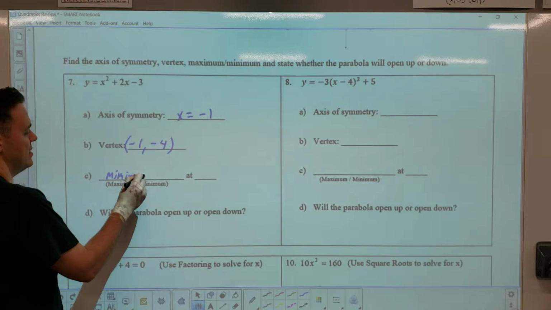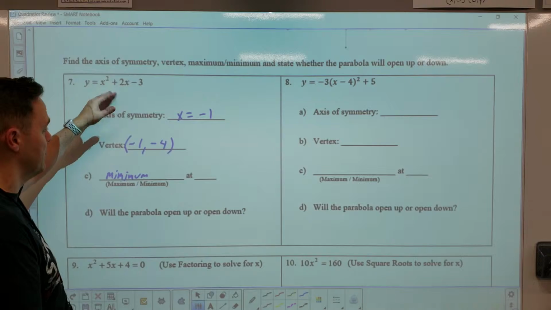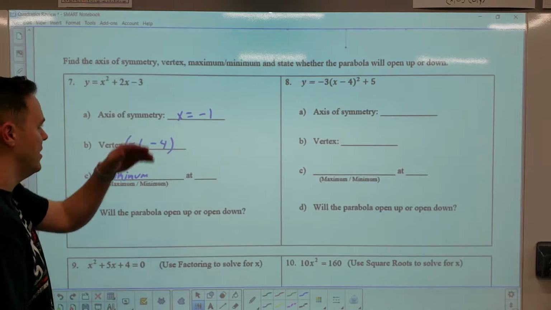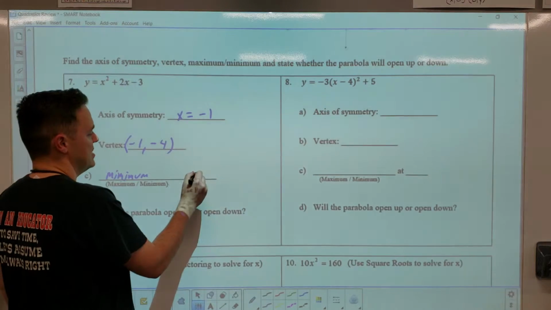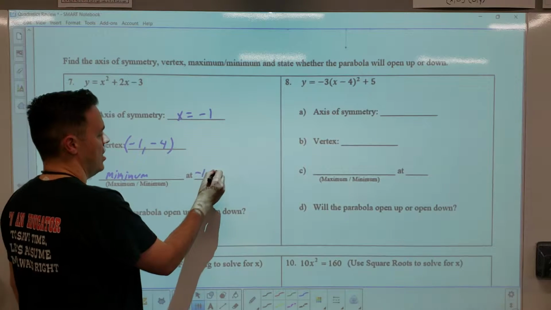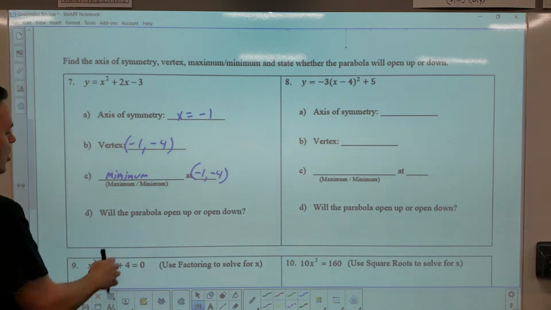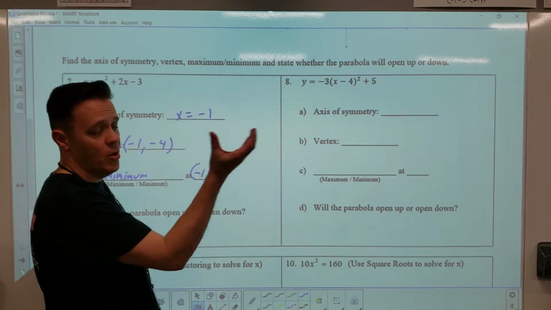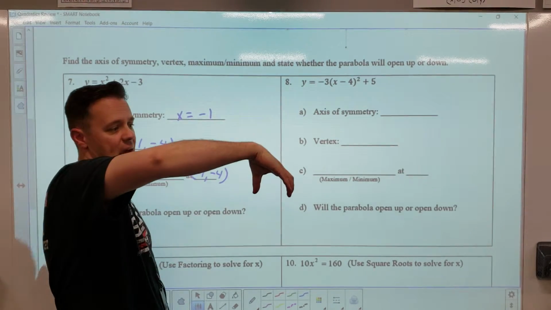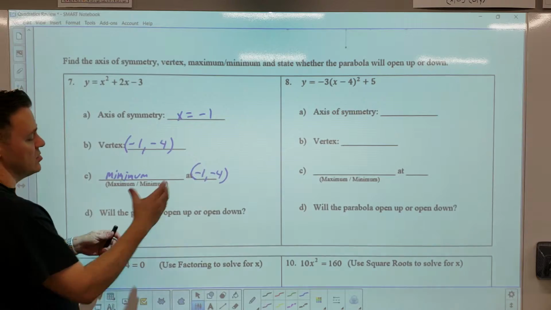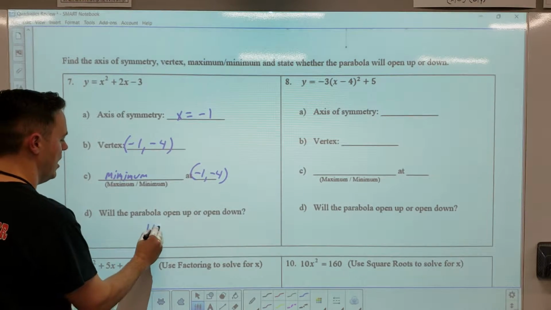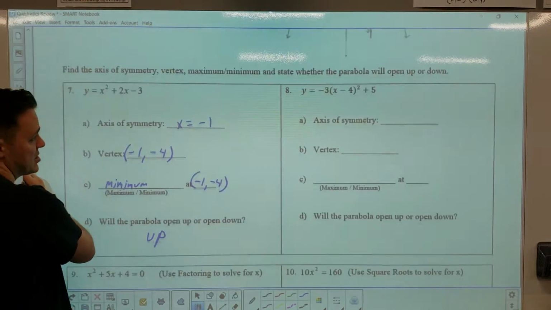I do know that because it's a positive number. Positive numbers always shoot down and come back up. The vertex would be the same. So if I got this vertex wrong, which you guys know what a vertex is by looking at it, please double check my work. And does the parabola open up or does it open down? In this case, since I know it's a minimum, it's going to open up. Then go to the next one.